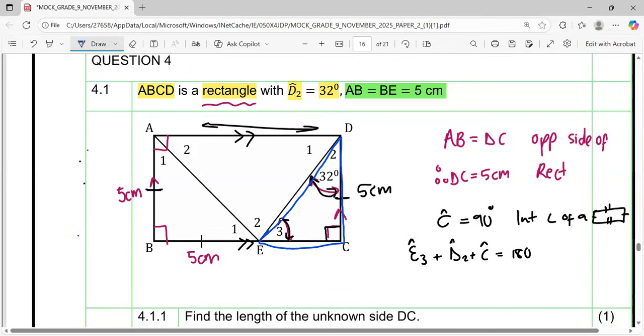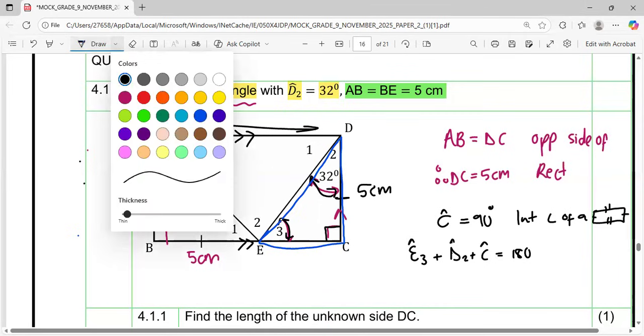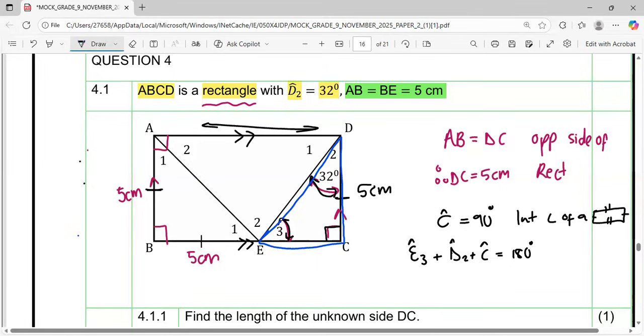So for a triangle, we know that whenever we add all the angles of a triangle, they should give us 180. So our reason is that they are interior angles of a triangle.